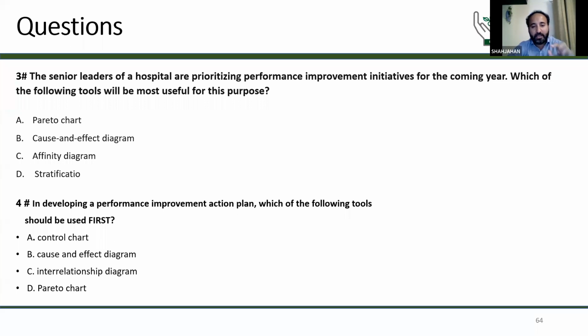You have to understand each word in the question and what they want to ask. I think most of the answers are B, cause and effect. Yes, you're right, Dr. Sarwat. If we want to develop any performance improvement action plan, first of all we should know the problem, and we can get the problem from the cause and effect diagram, and then go further.